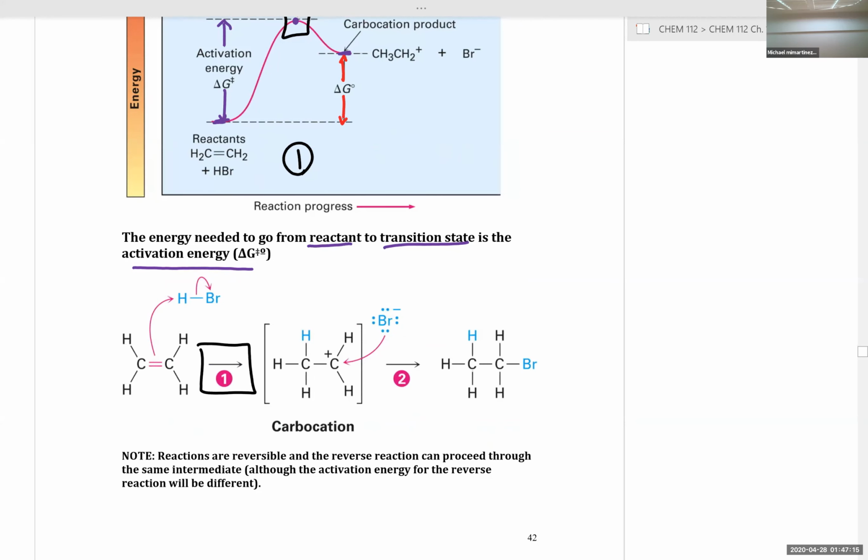Okay. Now, there's a critical concept in chemistry, this idea that reactions are reversible, and the reverse reaction can proceed through the same intermediate and the same transition state.